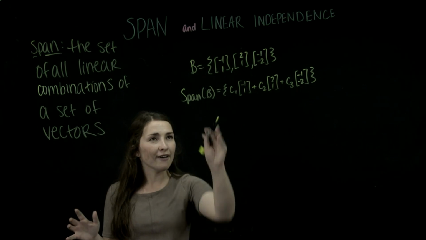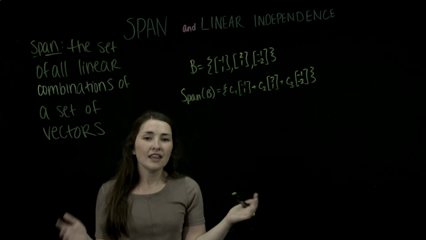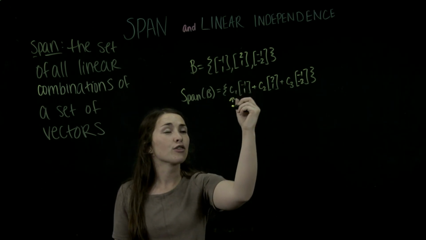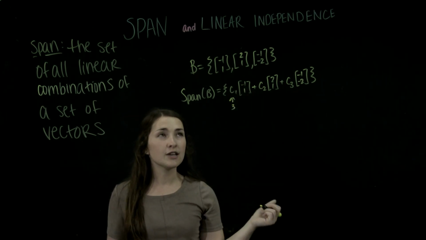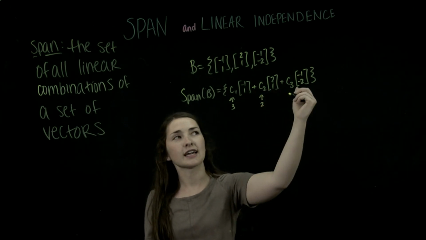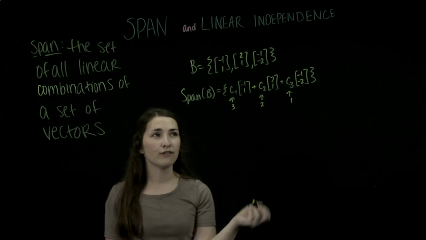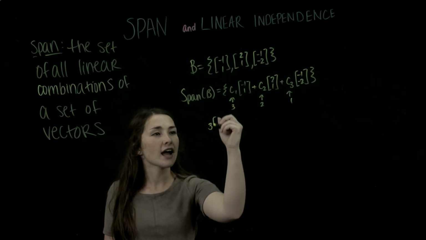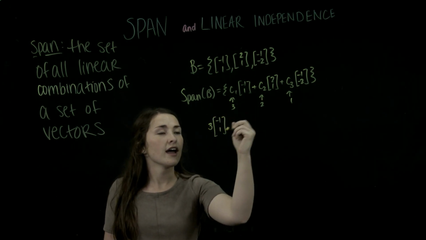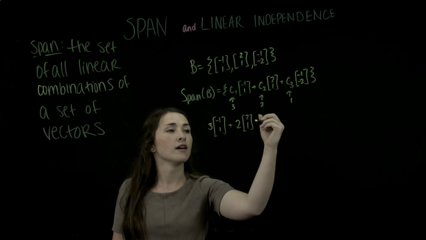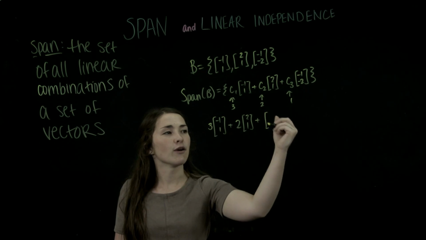So now we have this span of B, and let's see what we can create. If we want to take maybe 3 of our first vector, 2 of our second vector, and just 1 of our third vector, what do we get? That means we're going to have 3 times our first vector, added to 2 times our second vector, and then added to our third vector.